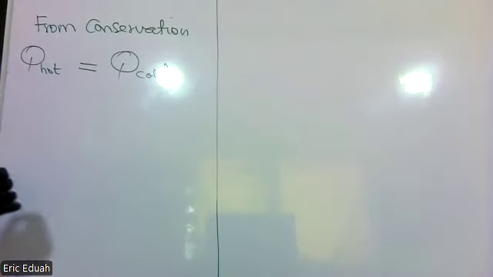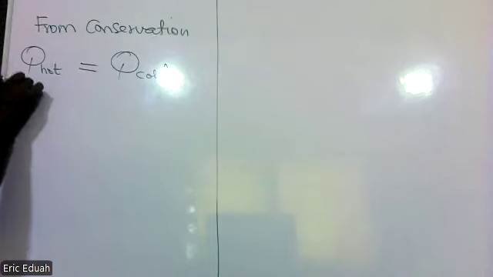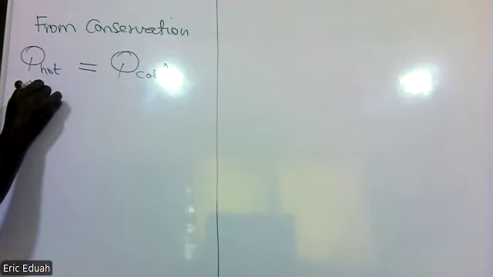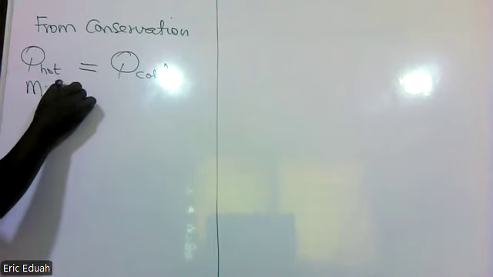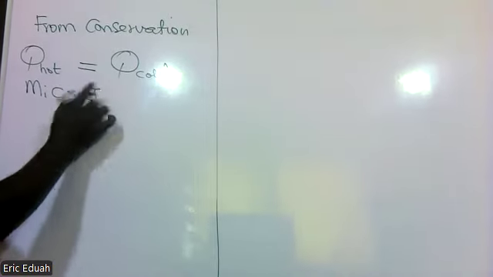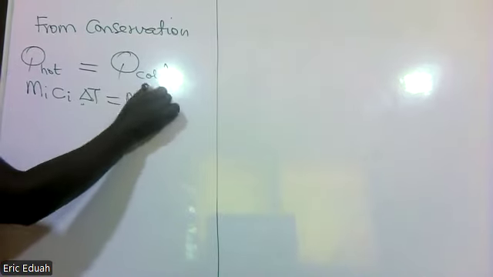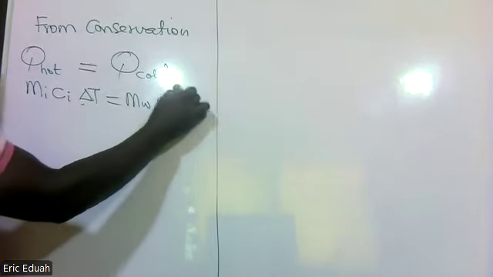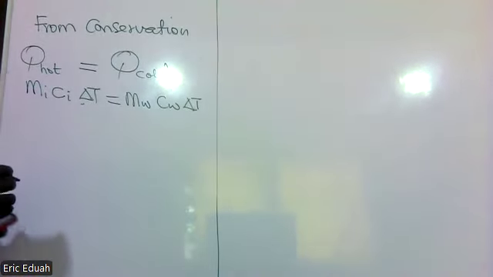The ingot is at a higher temperature, and Q is the mass of the ingot times the specific heat capacity of the ingot times the change in temperature, delta T, which is also equal to the mass of the water, times C of the water, times delta T.